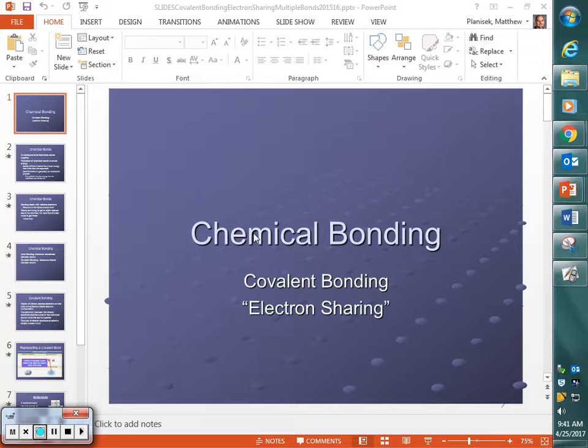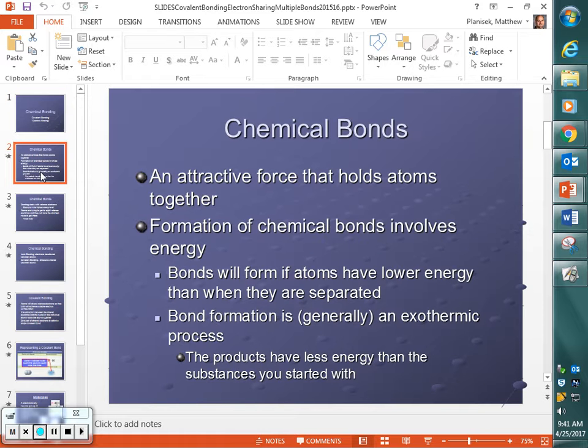So yesterday we continued our discussion of chemical bonding, and we reviewed some of the things about bonding, such as a bond is an attractive force that holds atoms together, and atoms bond with each other in order to get to a low energy state, and they do that by achieving that stable electron configuration, 8 valence electrons, all that fun stuff, right?